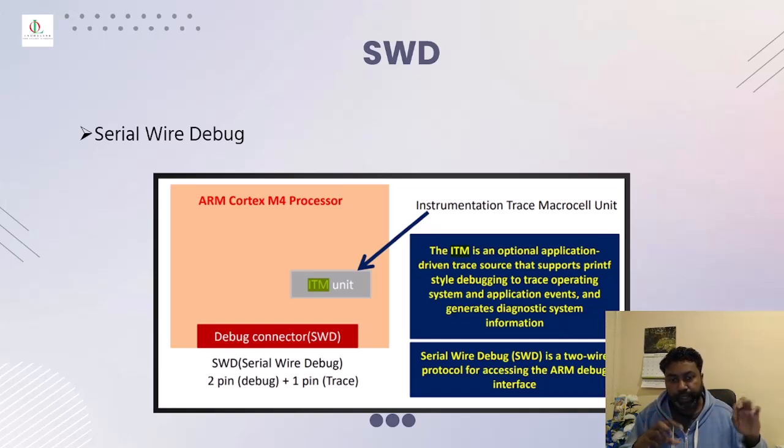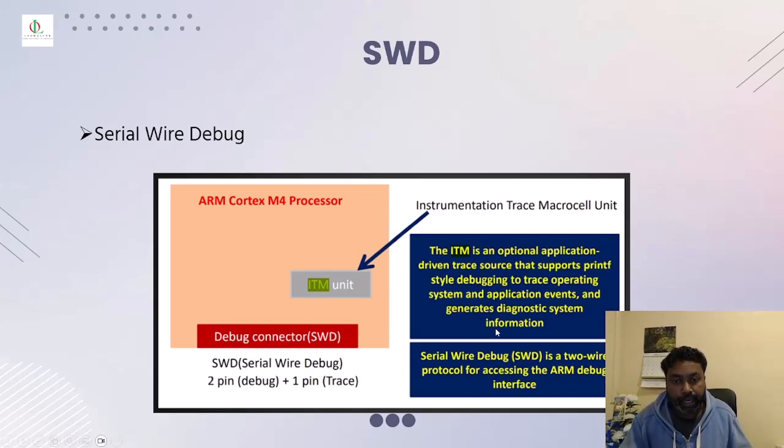JTAG is the Joint Test Action Group interface, which needs 4 pins. In order to reduce the number of pins, they introduced this, and all you need is only 2 lines. It operates on a bidirectional data line and a clock line, and through this 2-wire interface you can program, send or load the program to the target board.